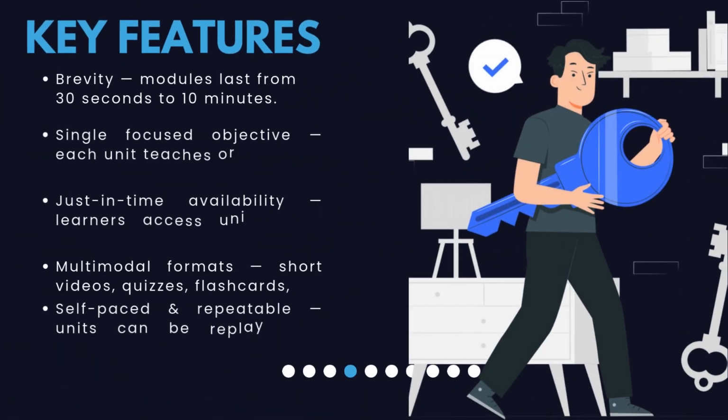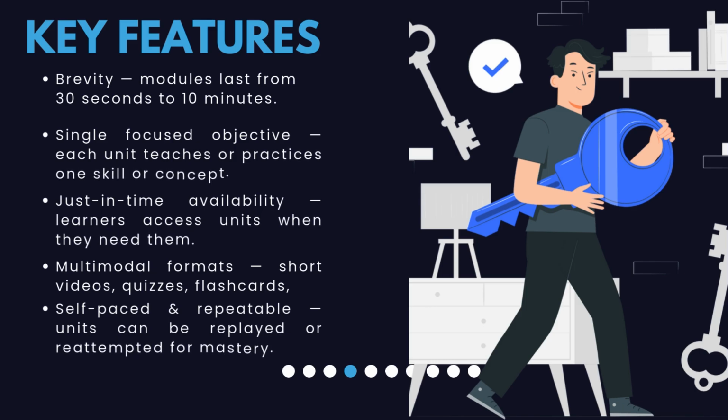Now that we've understood what microlearning is, some of its key features are that firstly, brevity is crucial. Modules generally last from just 30 seconds to 10 minutes, allowing for a quick and efficient learning session. Secondly, each module is designed with a single focused objective.